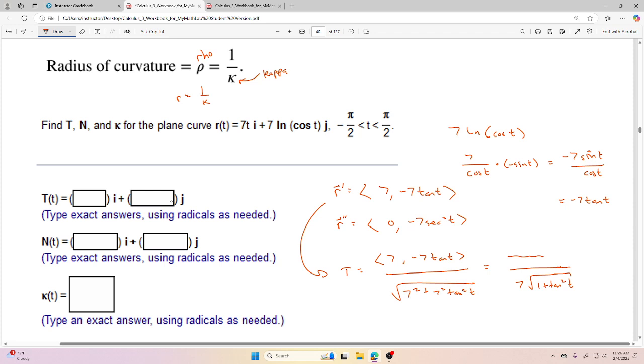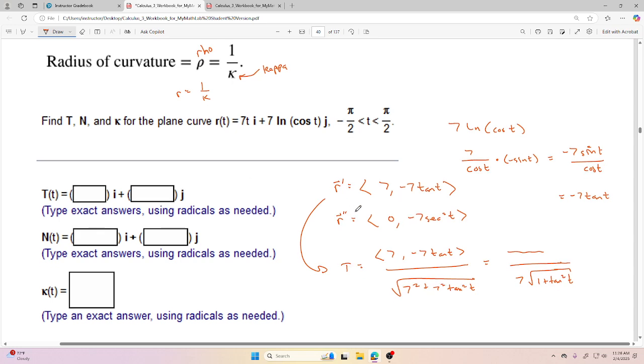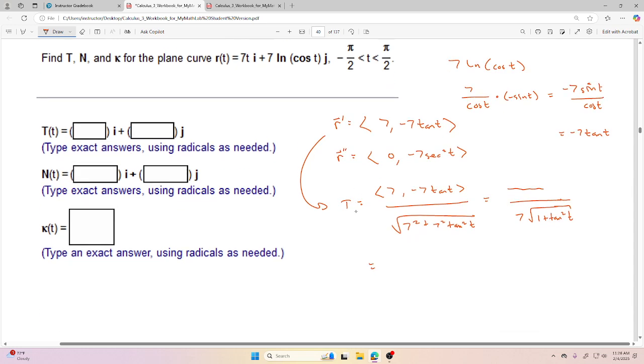I know I've seen this before. What does that end up being? Straight up, not a negative? Cool. Well, that's a good thing. Things are looking bright. So that is my answer for T.